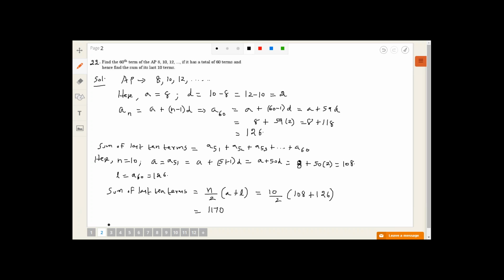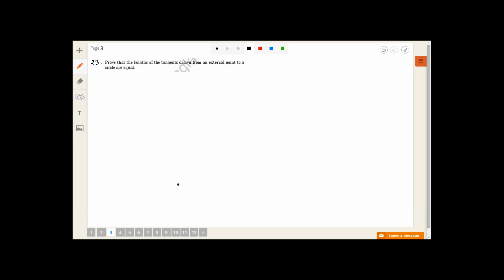Now let's go to the next question. Prove that the lengths of the tangents drawn from an external point to a circle are equal. Now let me draw a circle for you.